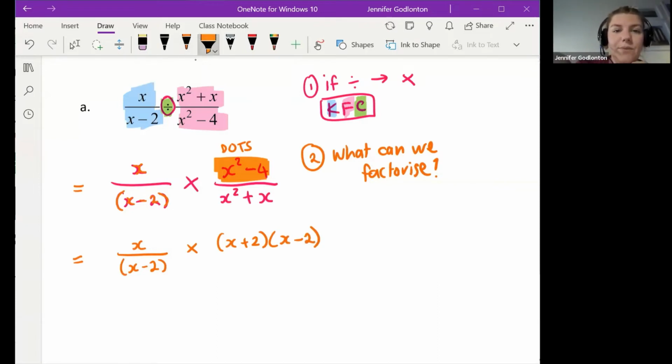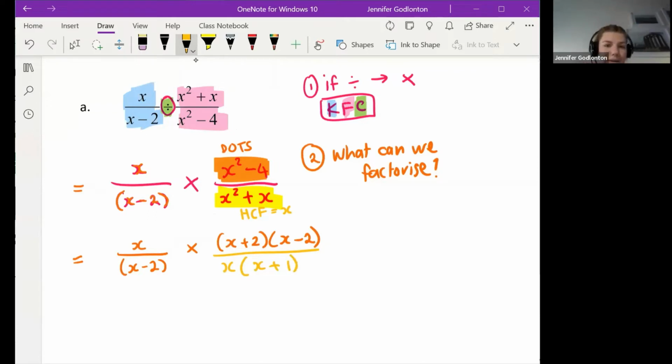Down here, what could I factorize? I've got x squared plus x. What can I take out? Fatima, excellent. I'm going to take out a highest common factor of x, and be left with x plus 1.